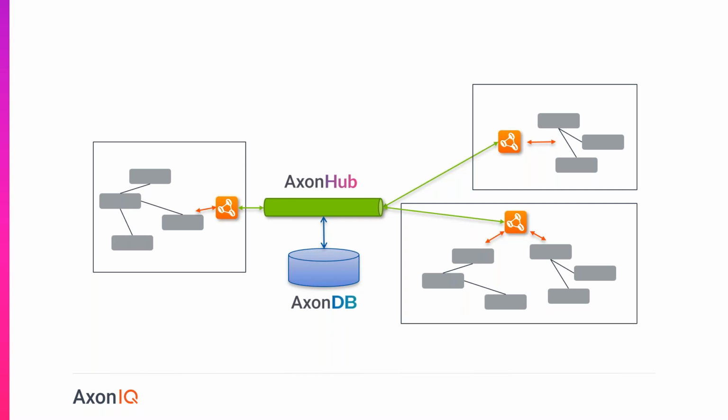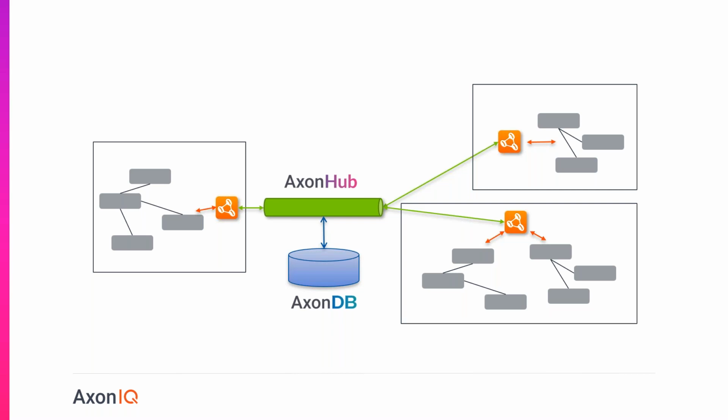So all we do is send a query, and Axon Hub knows, oh, that query can be handled by the component on the top right, so I'm going to forward it there. The sender doesn't even know where these components go, right? So we can very simply evolve our application and start splitting components without other components being affected by that split.